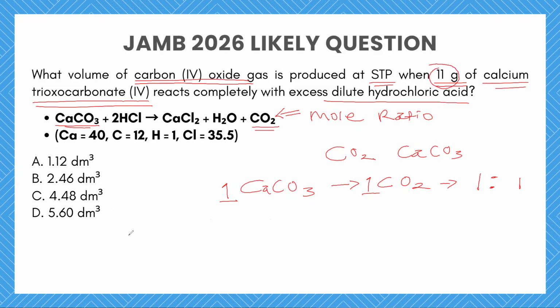Next, we use our mole ratio to identify how many moles of the product was produced. To do that, we first convert the amount in grams into number of moles. Number of moles, n, is equal to mass over molar mass. The mass of calcium carbonate given is 11 grams.